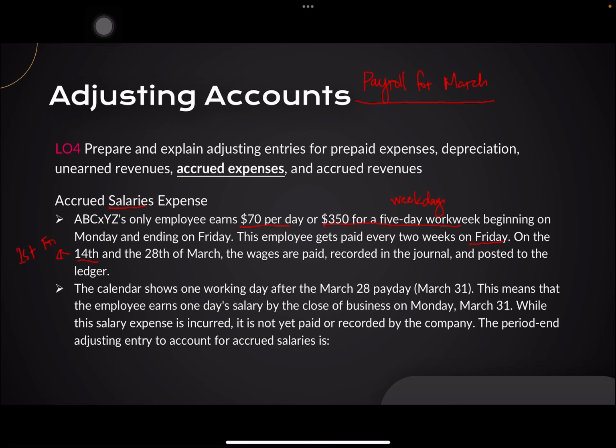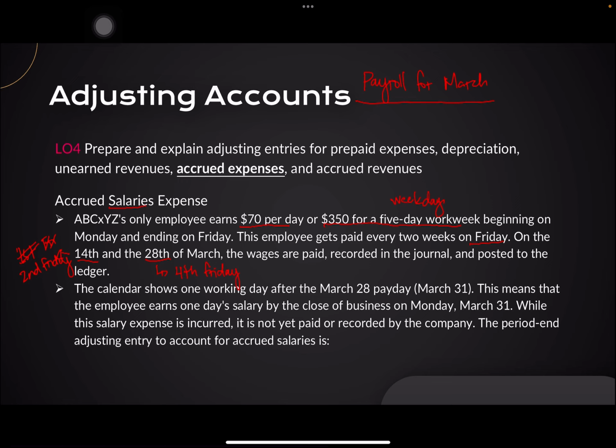Sorry, this would be the second Friday, and the 28th would be the fourth Friday, which is consistent with our payroll policy that we will pay our employees every 2 weeks on a Friday.